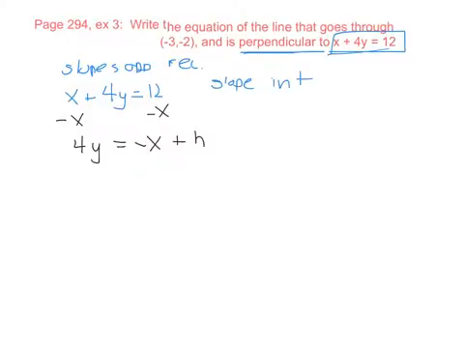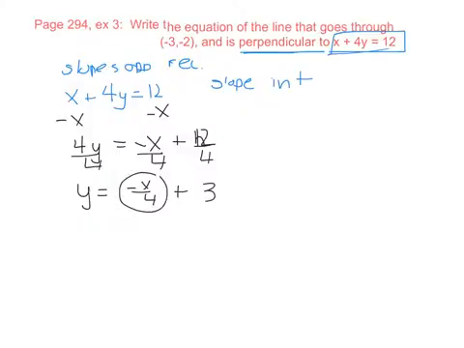Then I'm going to divide all three things by 4. That'll give me y equals negative x over 4 plus 3. I'm going to fix this so I can see the slope. Put a negative 1 there. So y equals negative 1/4 x plus 3.